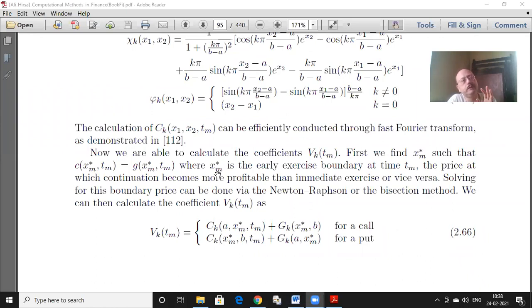One set where you will continue and the other where you will exercise immediately. And the boundary here is XM star. If you are thinking of a call option, then XM star is the lowest point where you will exercise the call immediately. Below that, you will continue.